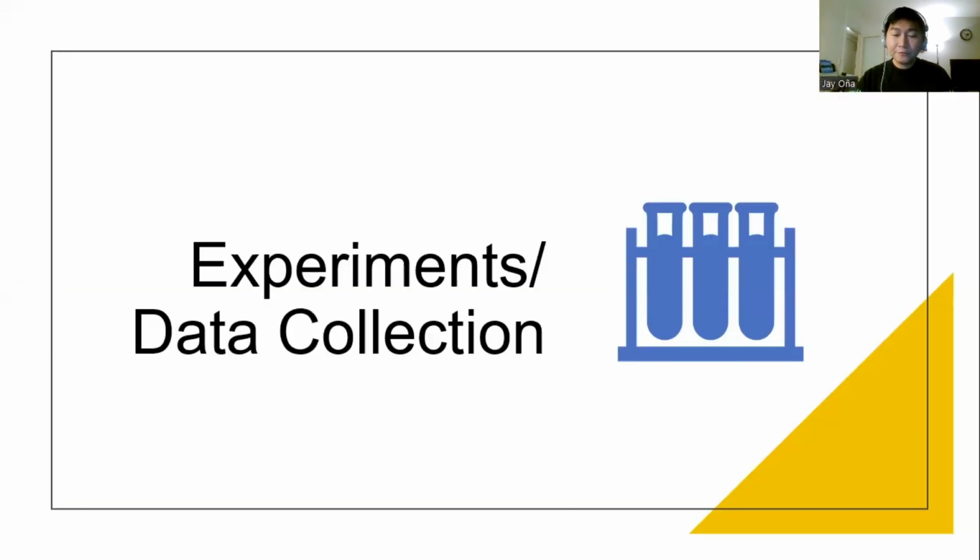Well, at the heart of any scientific research is the research methodology or the experimentation part of that research project. And it's very important to take time to think about the experimental design because this ultimately dictates the quality of our research results and the overall quality of the research itself.